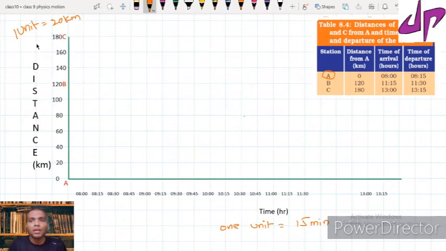It means it is at station A from 8 o'clock to 8:15. So we need to represent that as a straight line.